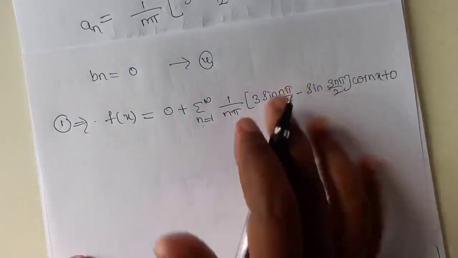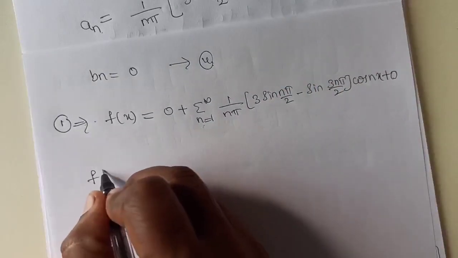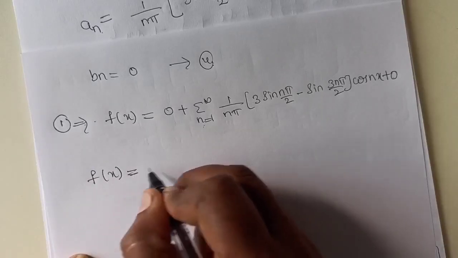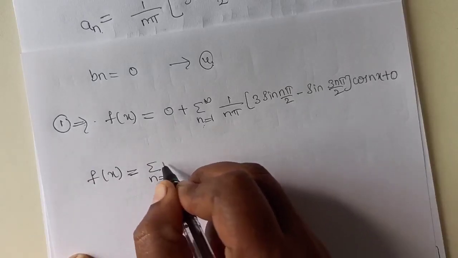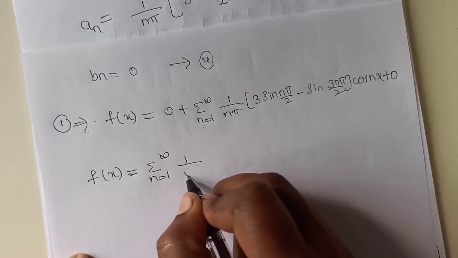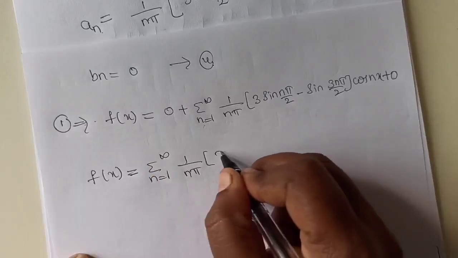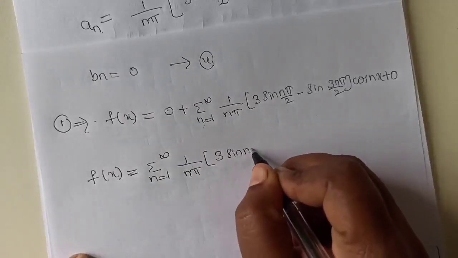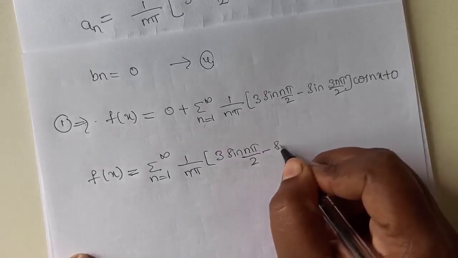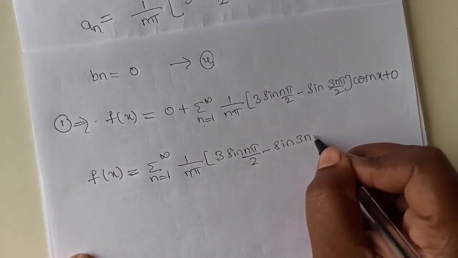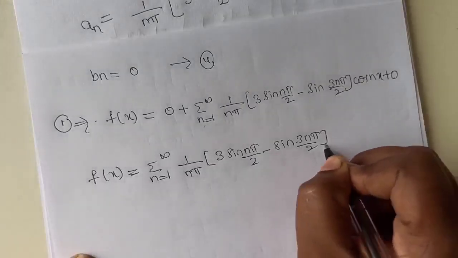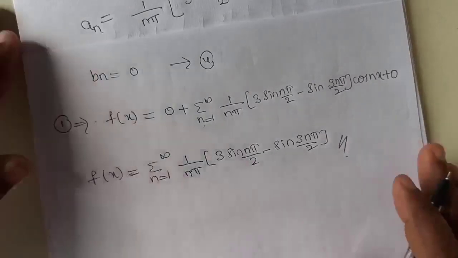Therefore we get 0. So that is f of x is equals to summation n equals to 1 to infinity 1 by n pi 3 sine n pi by 2 minus sine 3n pi by 2. So this is the required Fourier series.